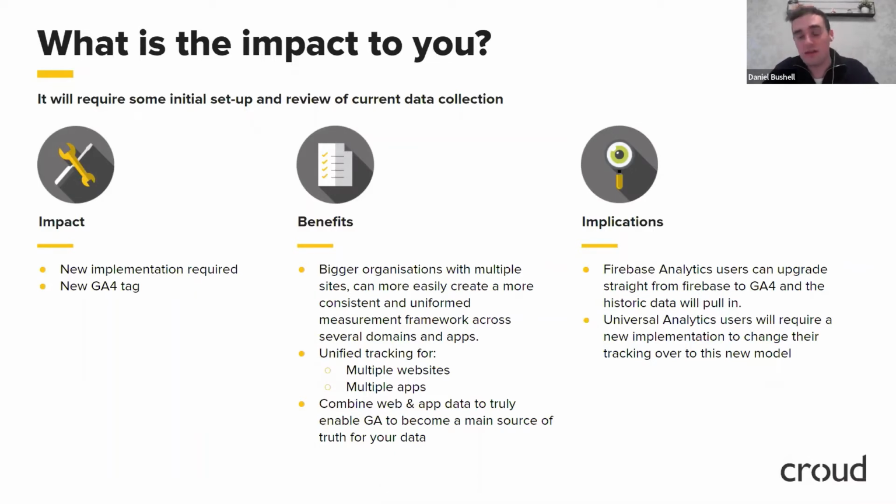So if we've got the same event running across four different sites, for example, we can make sure the parameters associated with that event give us information from all of them. That covers all the variables and all the information we need. And then when we go into GA4, we can see all of that information in one place. It brings everything together and makes it more unified. It allows us to really move GA in the direction of becoming a true source of truth for all our data, which is really exciting.